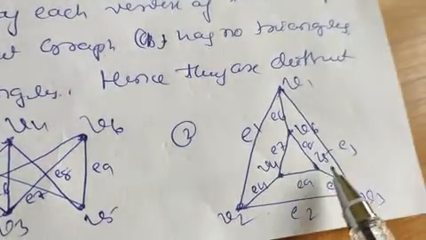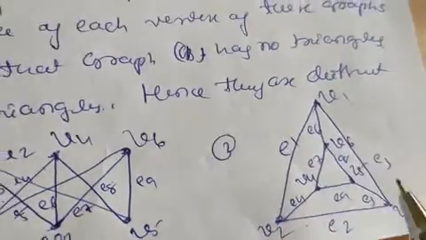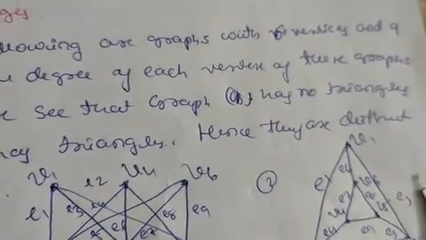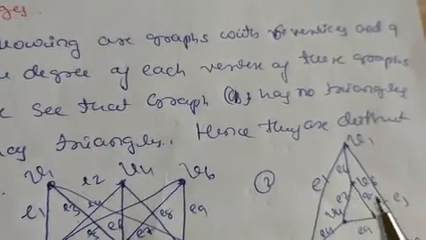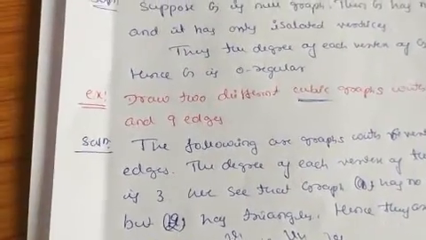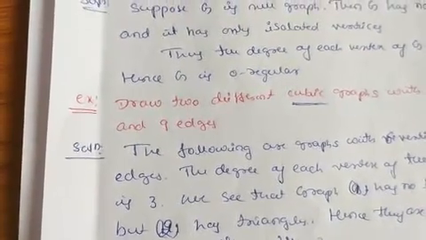Here also 1, 2, 3. This also has 3 edges and this also has 3 edges. So these two are examples of a graph having 6 vertices and 9 edges, and it is cubic. I hope all of you understood this. Cubic means each vertex should have 3 edges. So this is all about today's session. Thank you.